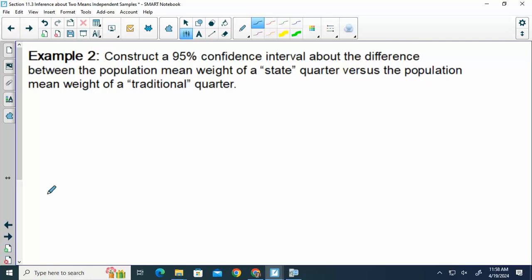So if we looked at this problem: construct a 95% confidence interval about the difference between the population mean of a state quarter versus the population mean of a traditional quarter. I'll walk you through by hand and then I'll show you on the calculator. All right, we need our t value, alpha over 2. We want 95% of the data to be in the middle, so we have 5% to split.